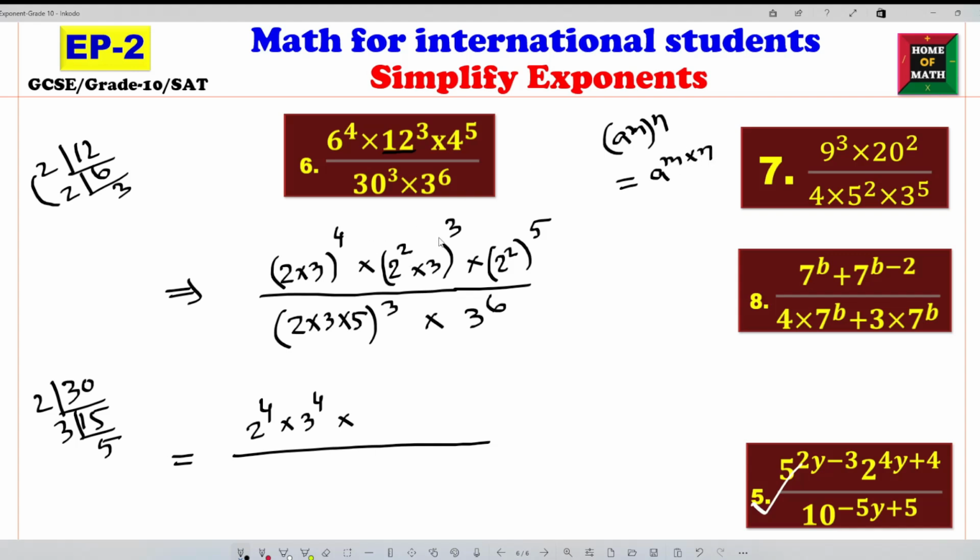So these 2 and 3 will be multiplied, so 2 to the power 6, then times 3 cube times this 2 square, so it will become 2 to the power 2 times 5, which means 10. Okay, so here 2 cube times 3 cube times 5 cube times here 3 to the power 6, right?